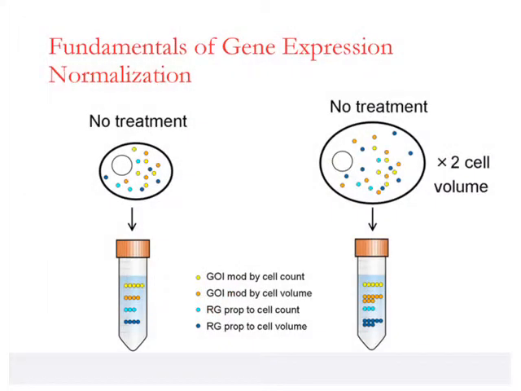To complicate matters even further, normalization to cell count may not be the most desired option. In this example, we have samples which, for reasons not directly related to a particular treatment of the study, vary in cell volumes. This variation may then overlap any effects observed by the studied treatment. In its normal behavior, we may then observe genes of interest where the expression levels are modulated by cell count alone or modulated by overall cell volume.